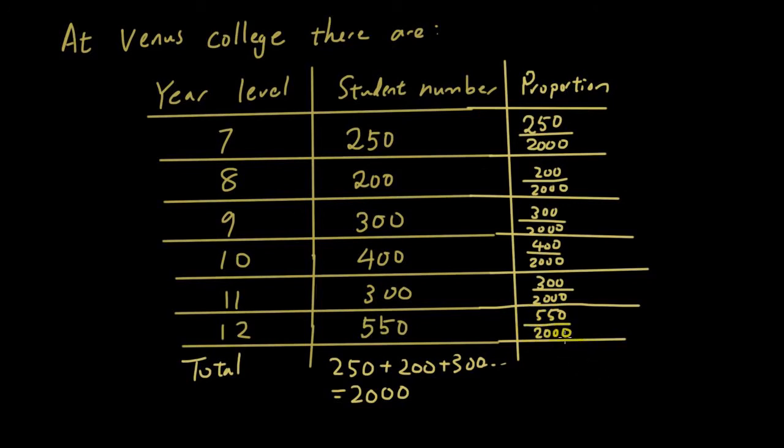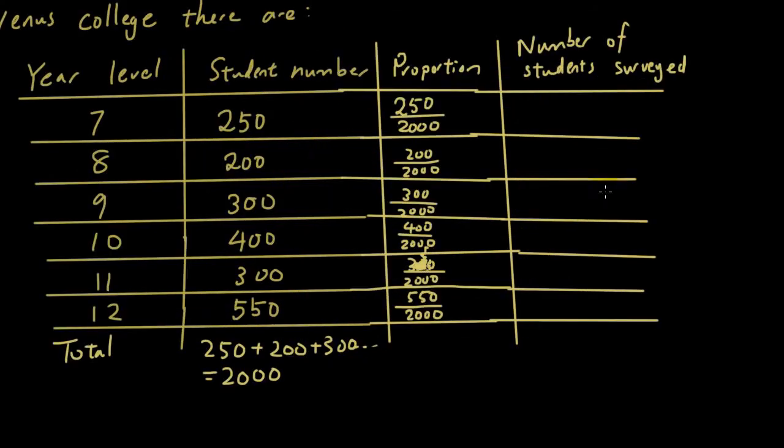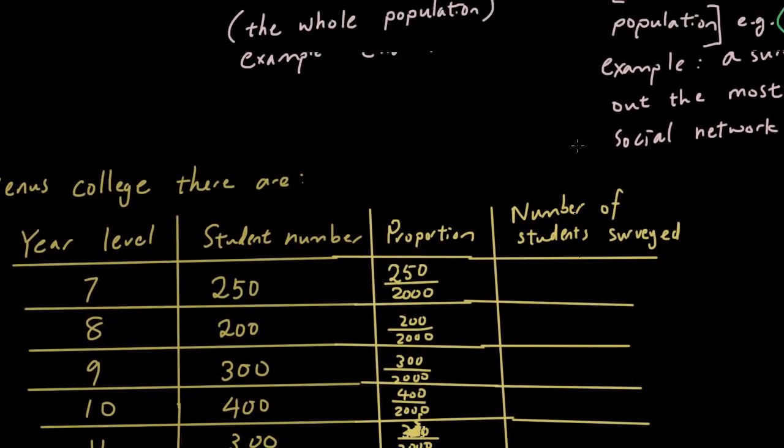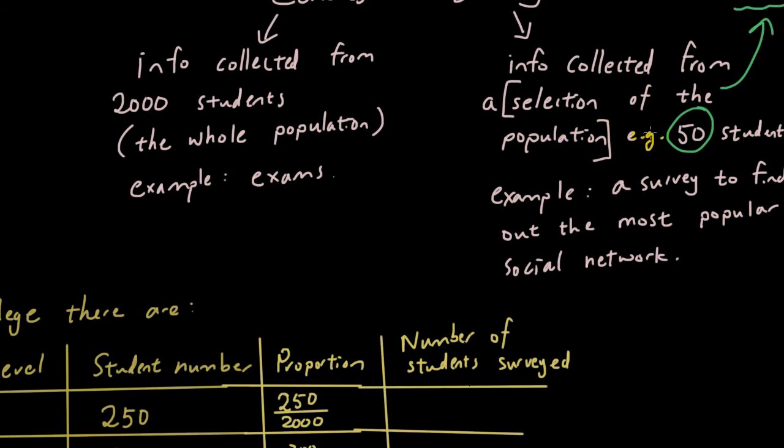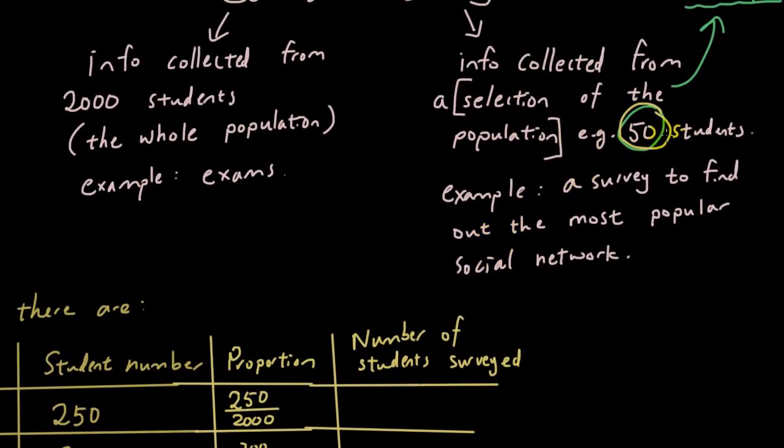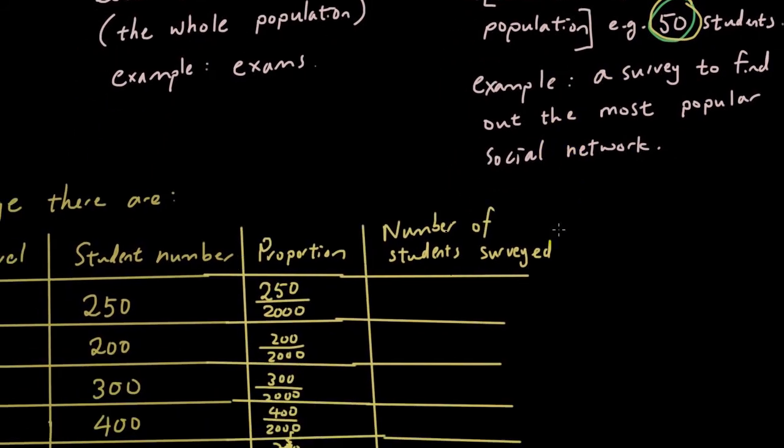Now what we're going to do is determine how many students we're going to survey in each year level. In order to do that, we get the total number of students we are including in the survey, which is 50 students. If you remember, we're collecting information from 50 students.